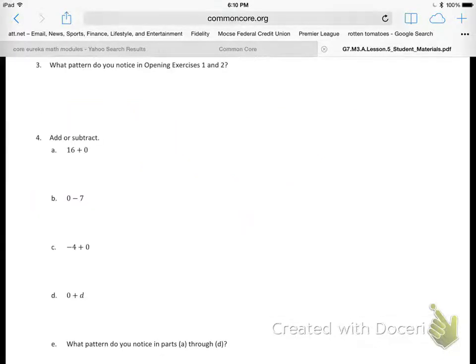Now, this question here, number 3, it asks, what pattern do you notice in the opening exercises? And hopefully you notice the pattern is that the sum of a number and its additive inverse is equal to 0.